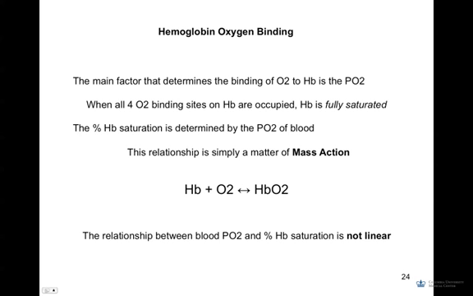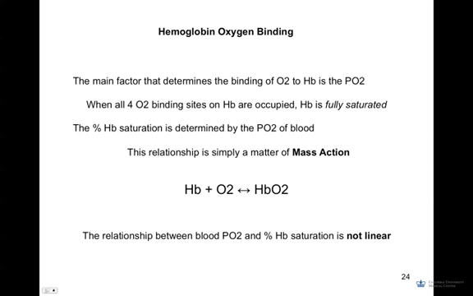When all 4 binding sites on hemoglobin are occupied, we describe hemoglobin as being fully saturated. And this percent hemoglobin saturation, which remember is the percentage of hemoglobin in a volume of blood that is saturated with oxygen, is determined by the PO2 of plasma.